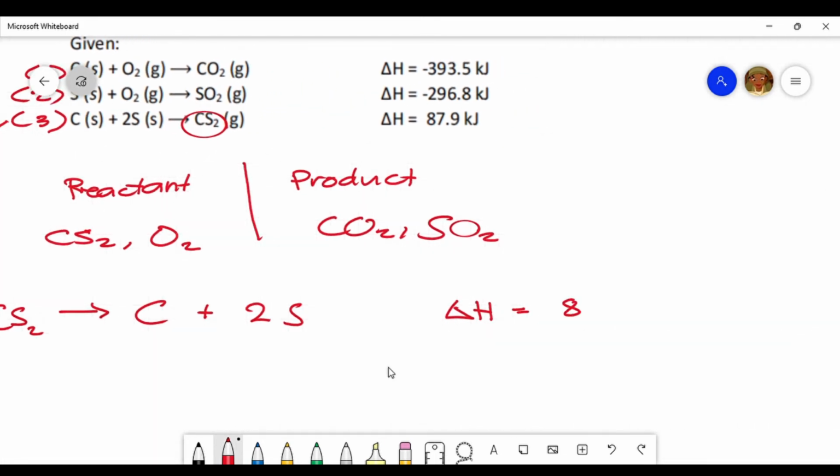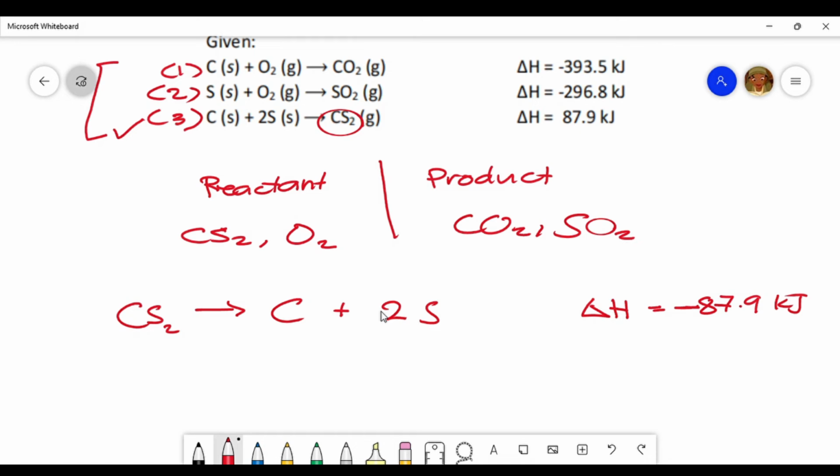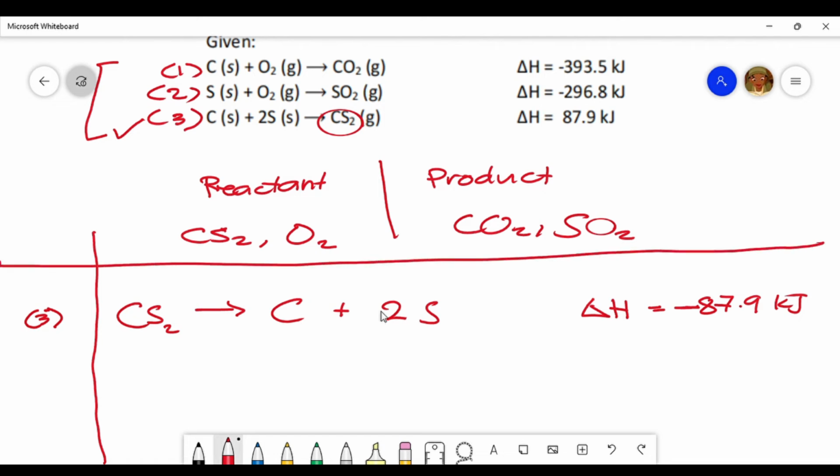So we have 87.9 kJ, and it is now negative since we moved the CS2 to the reactant side, and the C and 2S are moved to the product side. So we have this new equation here. We used equation 3 for this. This is where we start.